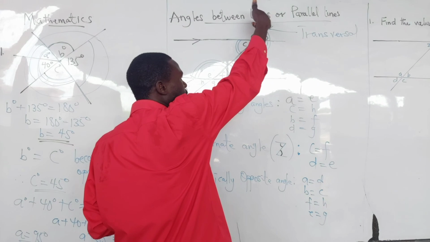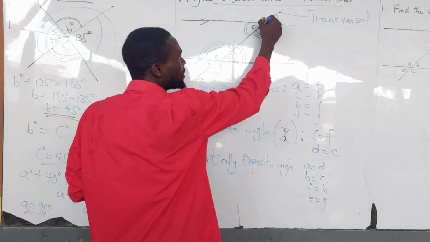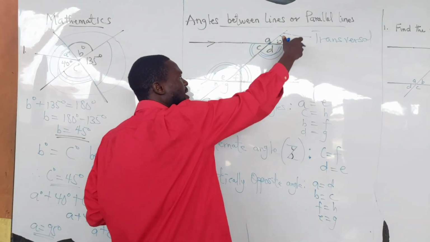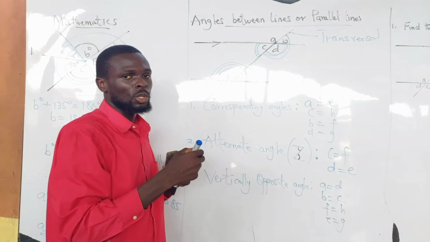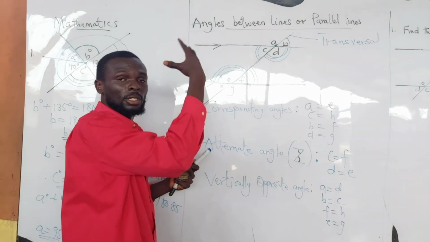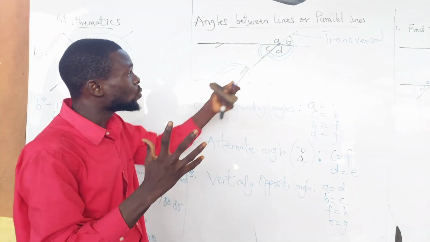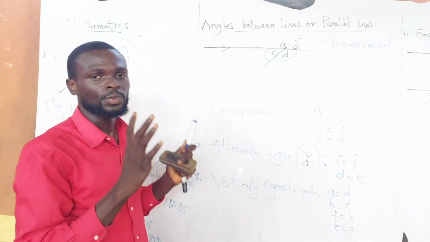But if you take the whole angles, everything here, we assume that it is around a fixed point. So that is why we say angles around a fixed point is equivalent to 360. So per what we have been taught, we can apply all the types of angles when it comes to the angles between lines or parallel lines.